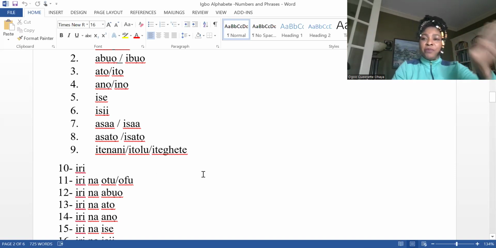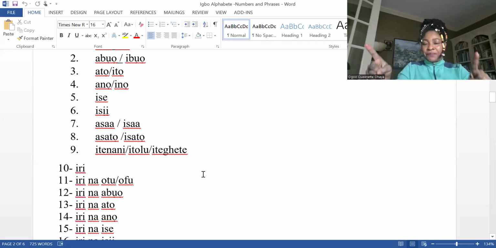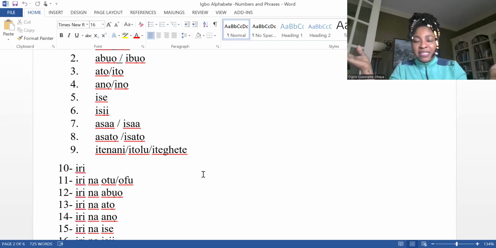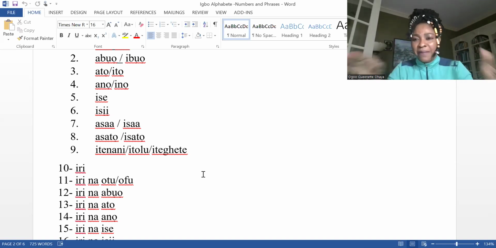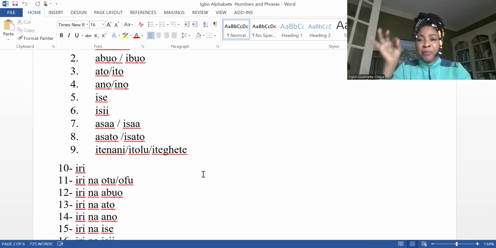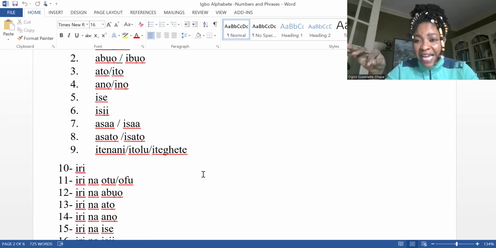Now, 11 is going to be 10 and the 1, right? 10 and the 1. If you don't know your number 1, you won't be able to say it. If you don't know number 2, you won't be able to say it. So you start plugging in 1 to 9 again. Iri, na. You have to put preposition in the middle. The preposition na, N-A.